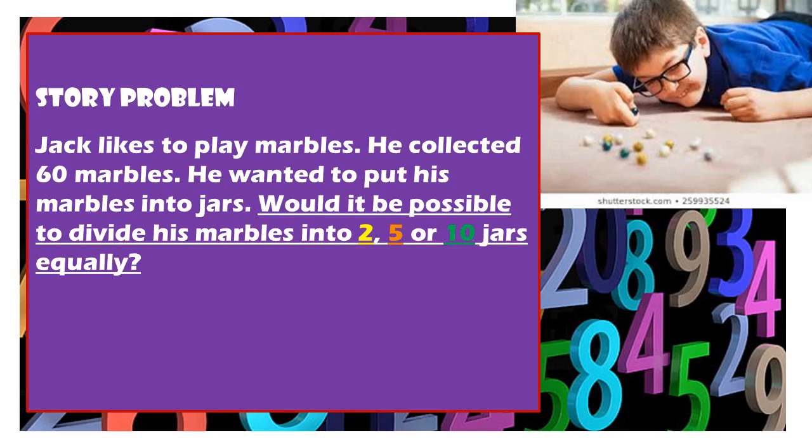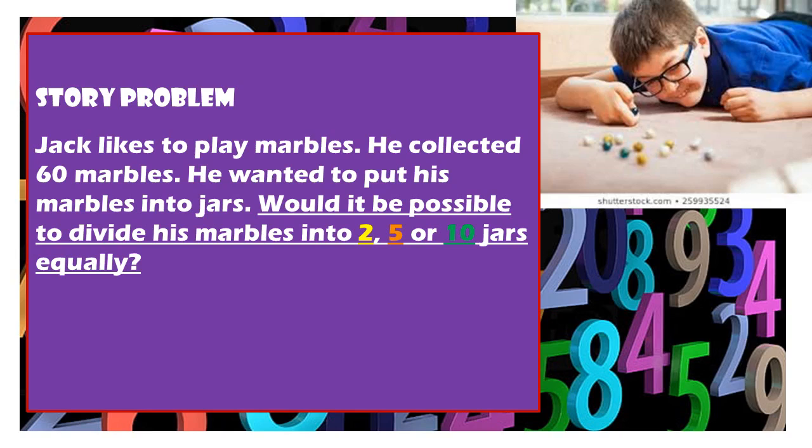So, balik tayo sa story problem natin kanina. Ang tanong dyan, would it be possible to divide his marbles into 2, 5, or 10 jars equally? So, ano yung ginawa natin kanina? Nahati ba natin yung 60 marbles ni Jack sa 2 magkapantay na grupo, 5 magkapantay na grupo, at 10 magkapantay na grupo? Nahati ba natin ito ng pantay-pantay gamit ang mga illustration?